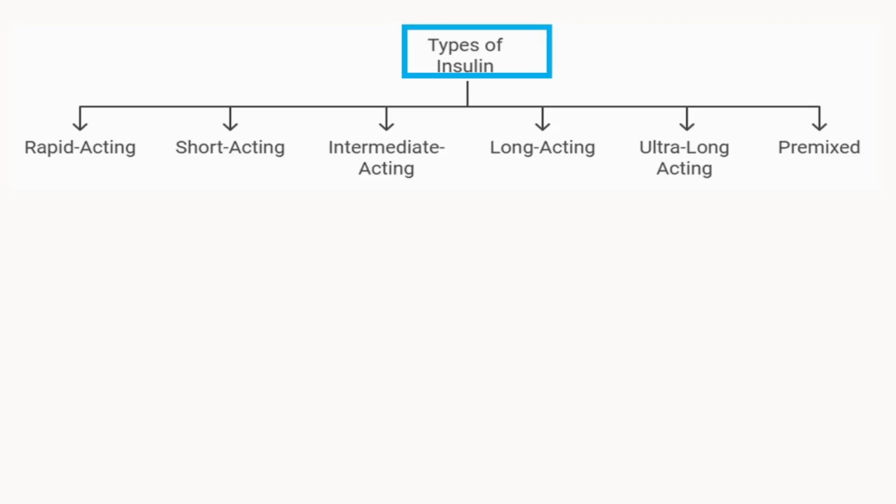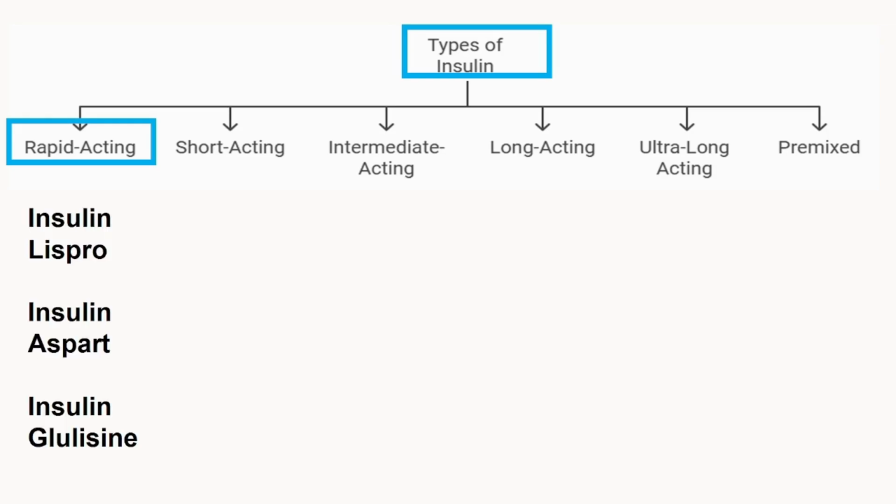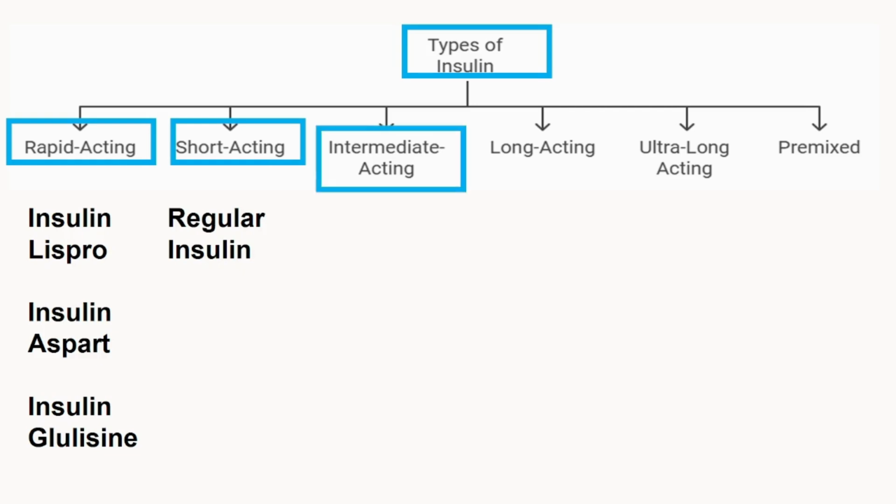Here are examples of types of insulin currently available and approved by the FDA. The rapid acting insulins are insulin lispro, insulin aspart, and insulin glulisine. Short acting insulin is regular insulin, and intermediate acting insulin is insulin NPH.